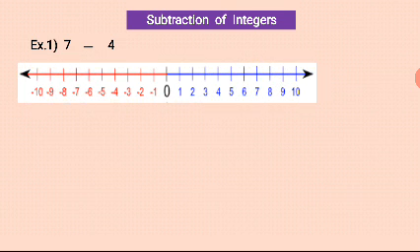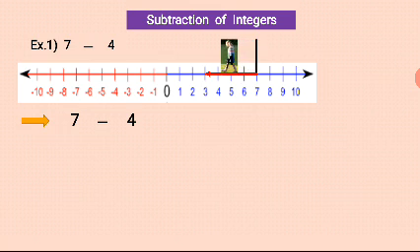First we stand on positive 7. Minus means decrease. Decrease means we go to the left side from 7. A girl stands on positive 7 and walks in the negative direction, which means the left side, by 4 units.